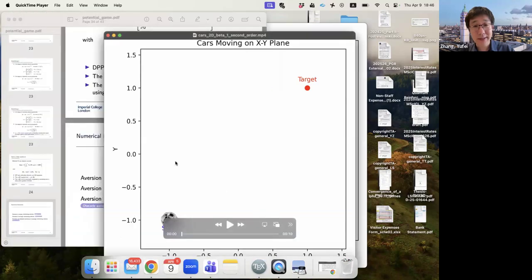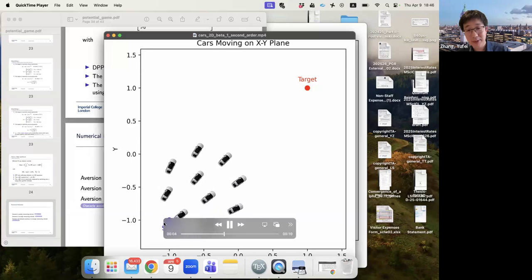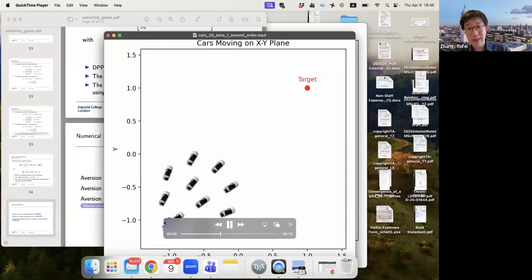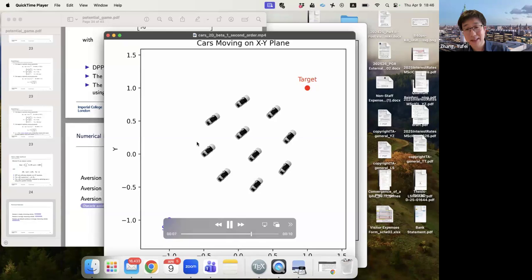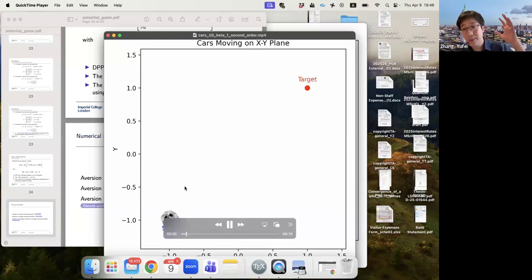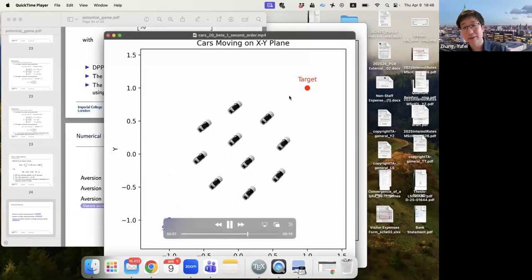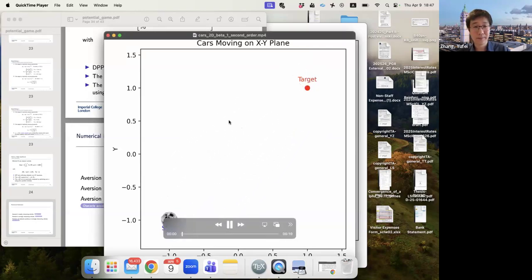However, if you consider a stronger interaction kernel, in exactly the same setting, the interaction becomes stronger but more local. In this case, you can see that all the cars start deviating immediately at the beginning because they want to have their own space, but overall they eventually reach the target.